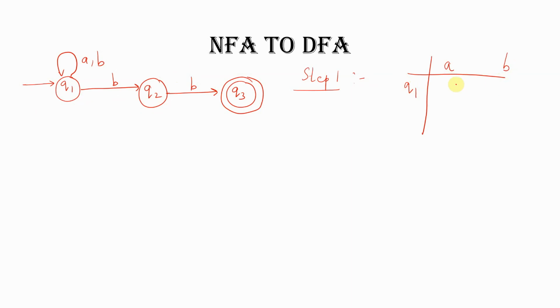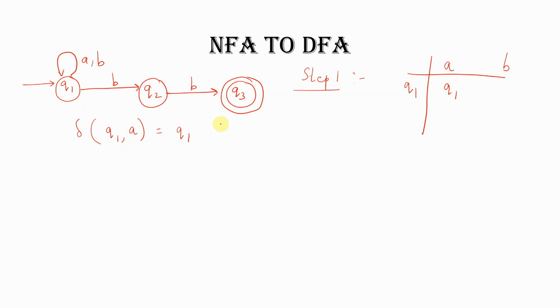Next, we fill in these cells, that is Q1 on A and Q1 on B. This computation, that is the transition from Q1 on A, is represented by means of delta. So delta of Q1 comma A is equal to, okay, from state Q1, if I get input alphabet A, I come to which state? I come to Q1. So this value is Q1, and you fill it in here.